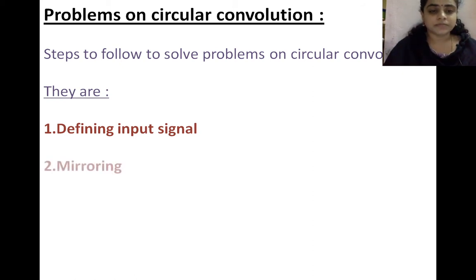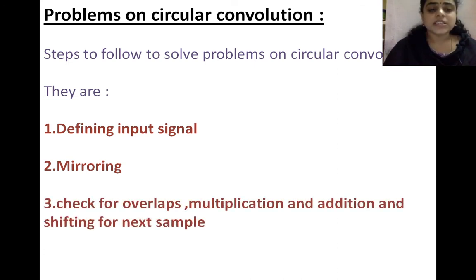Second one, mirroring. This mirroring concept we can do for either h of n or x of n, but in 99.9% of cases we will do it for h of n only. We are not going to change the excitation, that's why we do it only for the filter h of n. The third step is checking for overlaps, multiplication, addition and shifting for the next sample.